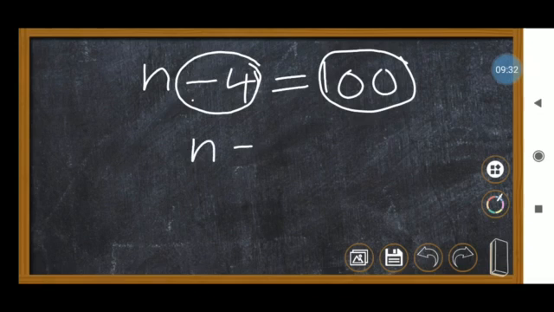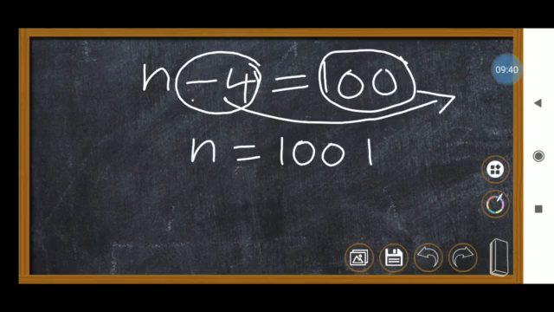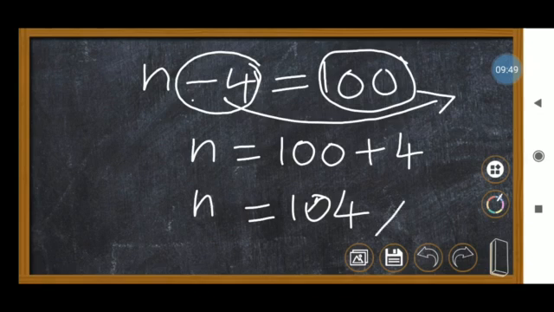So n equal to 100 plus 4, because this minus 4 goes to the other side and becomes plus 4. So what is the value? n equal to 104. Your n value should be 104.